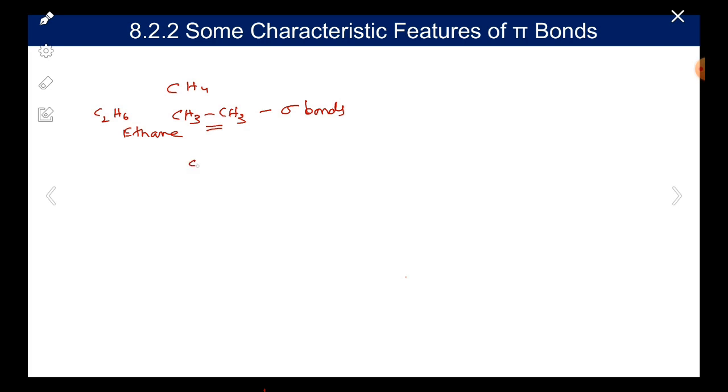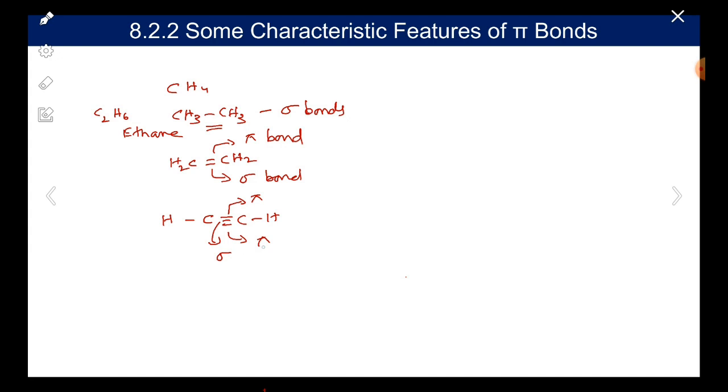And when we talked about ethene, there were two types of bonds, right? One is sigma bond, the other one is pi bond. And when we talked about ethyne, we understood that there are two pi bonds and one sigma bond, right?